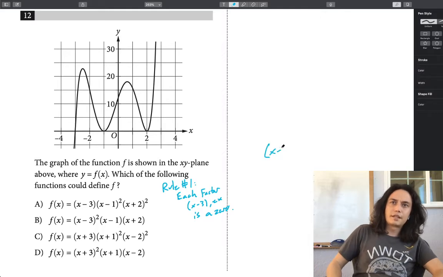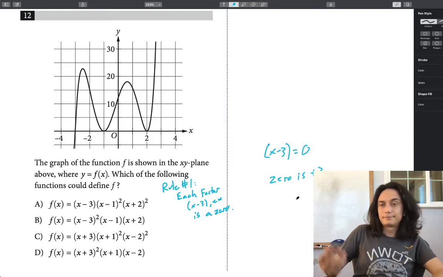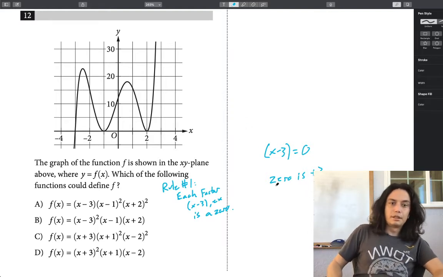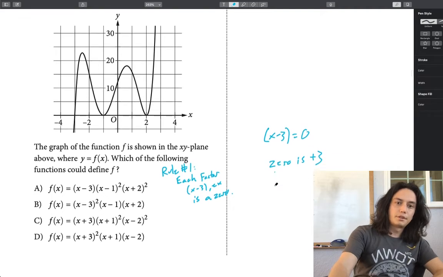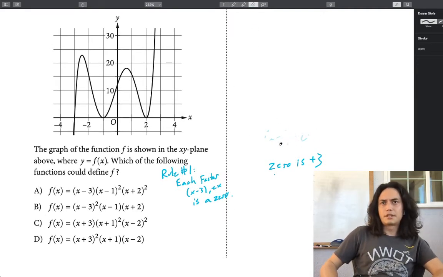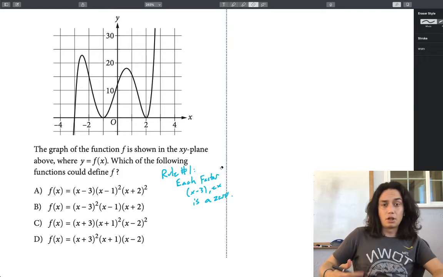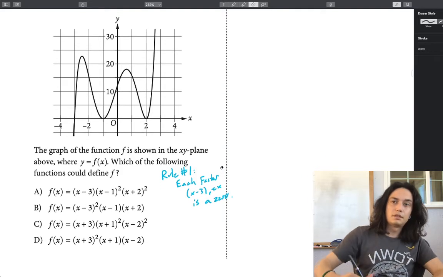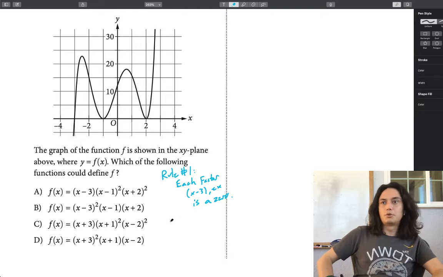If one of the factors is x minus 3, then the 0 is 3. The 0 is positive 3, not negative 3. It's just a thing you have to keep in mind. I'm not going to keep describing this in the abstract because it's a lot easier to understand if I'm just doing it. But first, I'll say rule number 2.